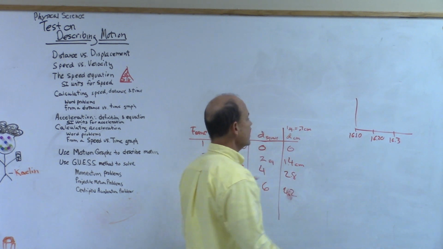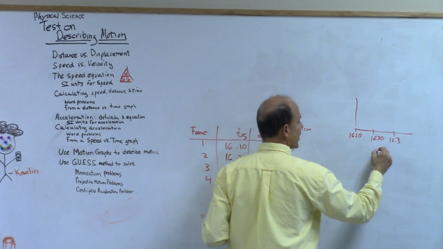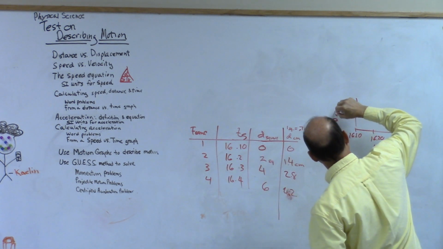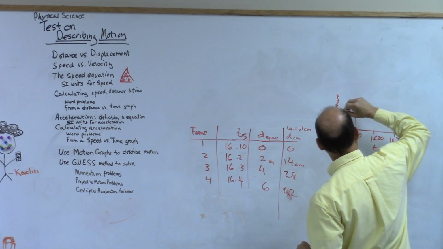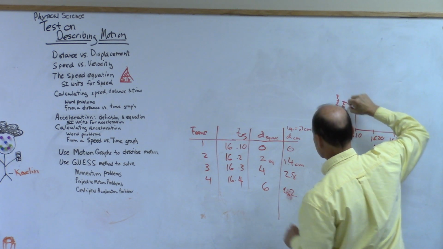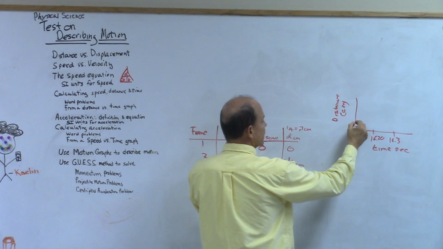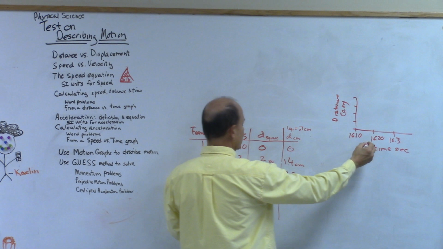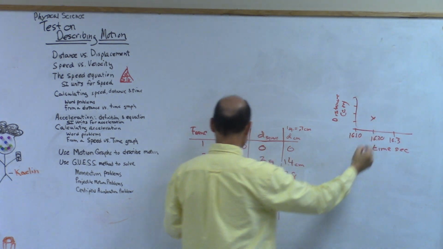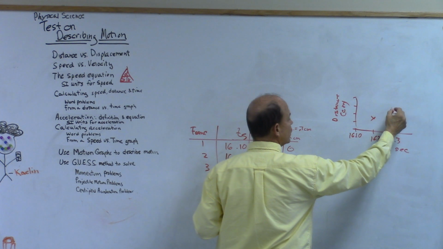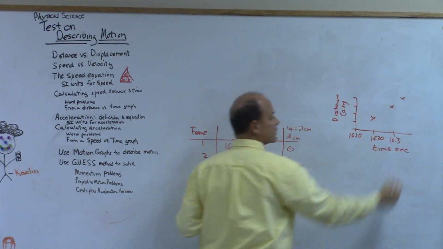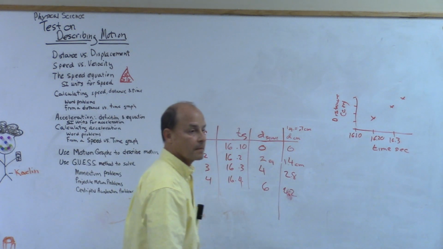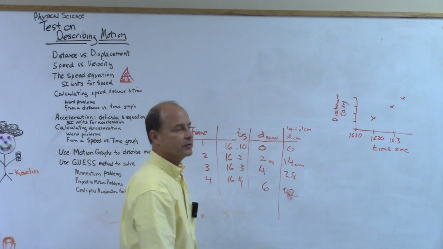This is time in seconds, and then this is distance in centimeters, and this is 0, 1, 2, 3, 4. Now you can plot this data. At 16.2, it was 1.4 centimeters. At 16.3, it was 2.8, and so on and so forth. So you can use this data table to create this graph. Some of you have already done this. This is part 1.